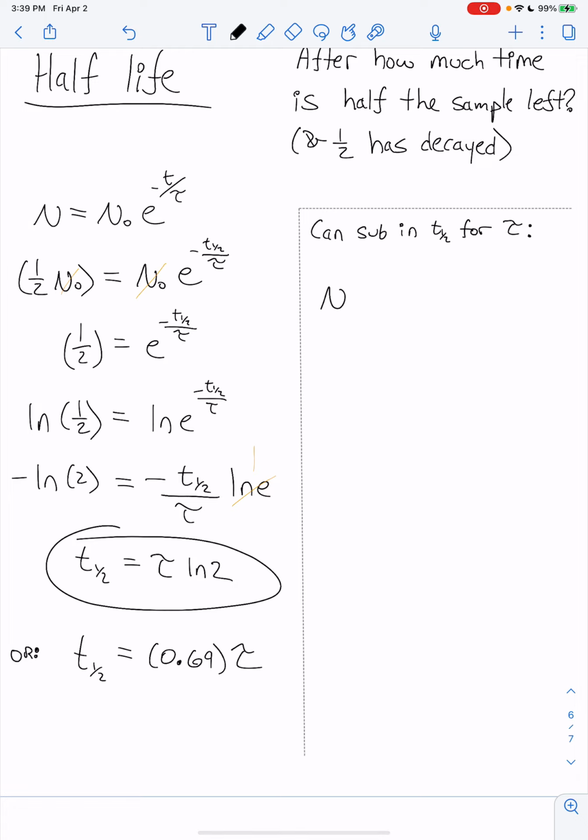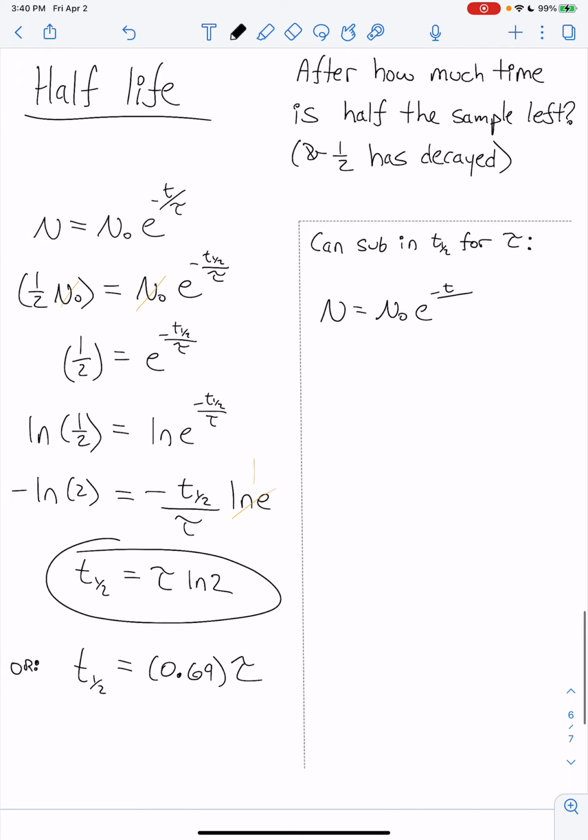And so then we have N is equal to N naught e, and so now we're going to substitute in for, now we're going to have negative t, but then for tau, well, tau is equal to, and maybe I'll note it down here, tau is equal to t1/2 over ln 2.